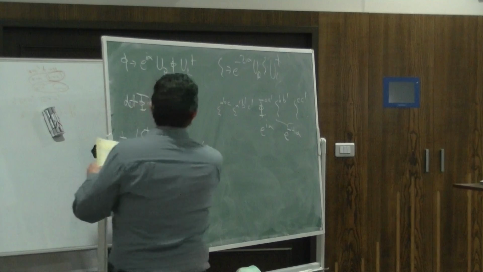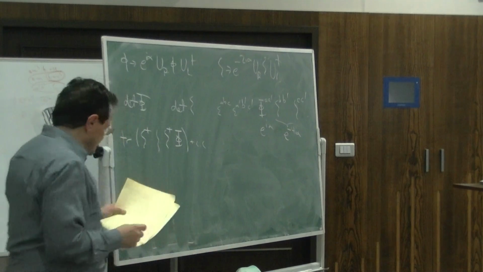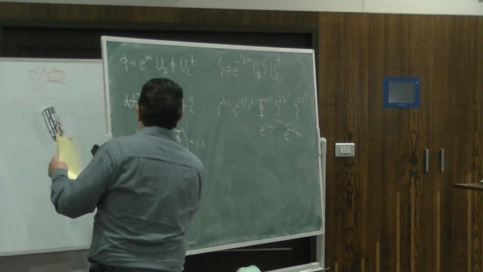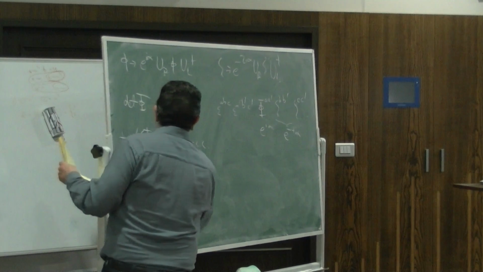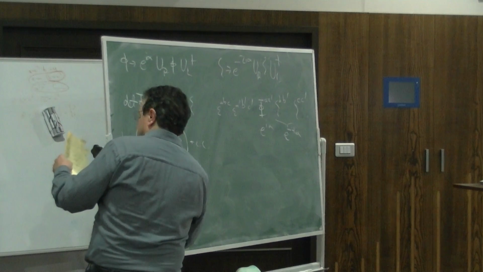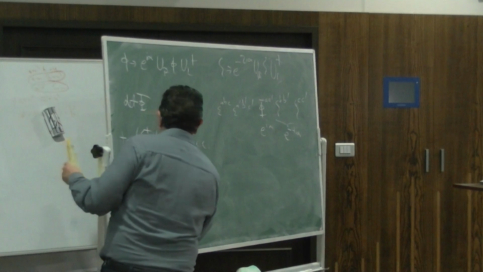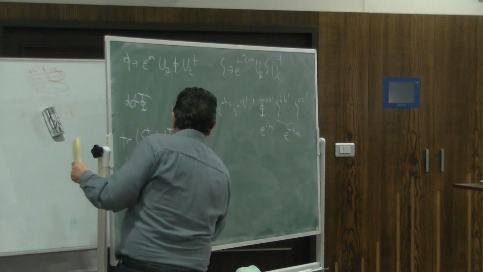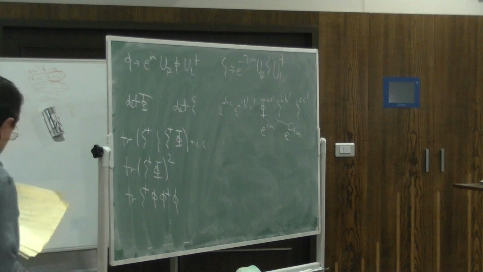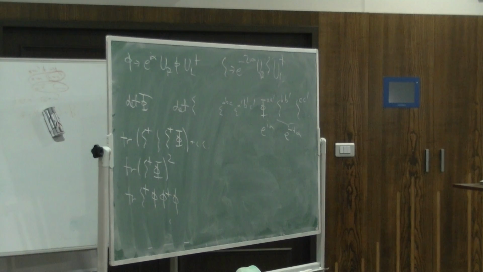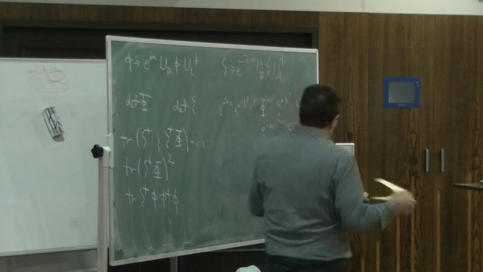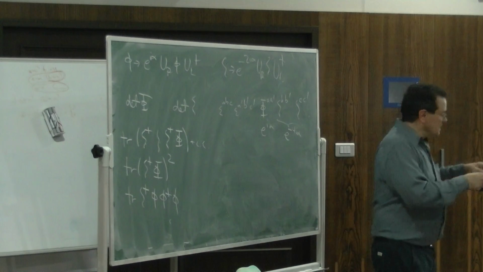So I can take 3 psis and 1 phi, I can take 2 psis and 2 phis, I can take 1 psi and 3 phis. And then I'll let you write down the 3 other terms involving 2 traces as an exercise.